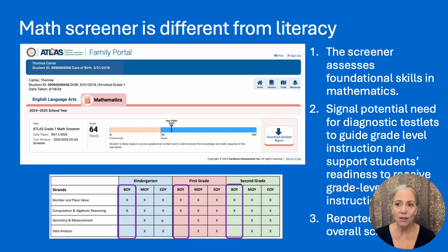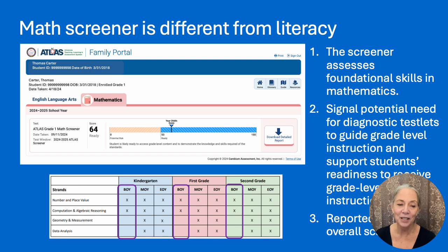Now, the system, Atlas, also comes with interim assessments, and the interim assessment windows are opening. And if your child is taking interims, you will also see that information, so you can get a sense of their status on the grade level standards at this point in the year. When you get the next interim, you'll be able to see if they're making progress.